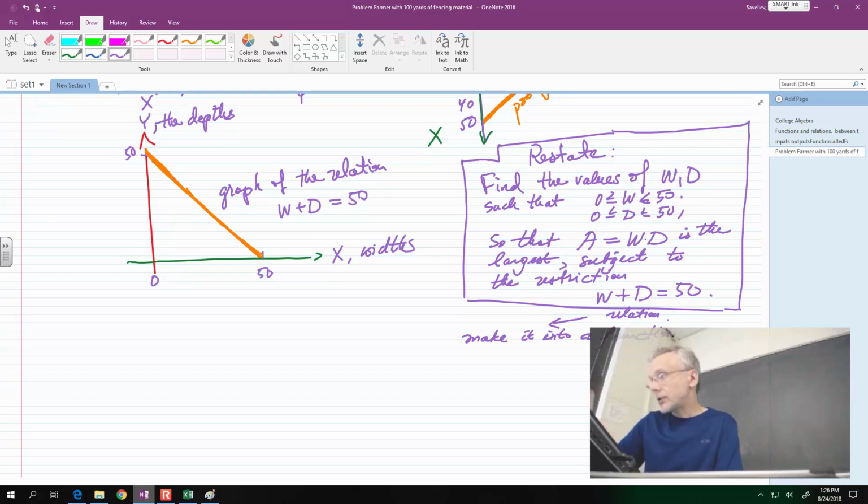A function, on the other hand, is when there is a dependence of one variable on the other. So for example, say W depends on D. How does W depend on D?